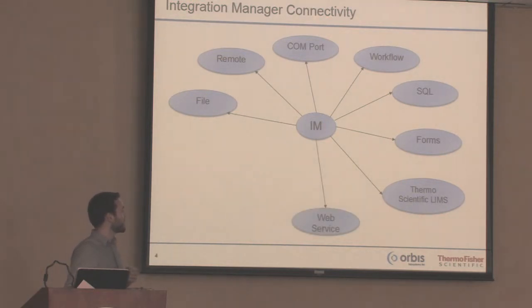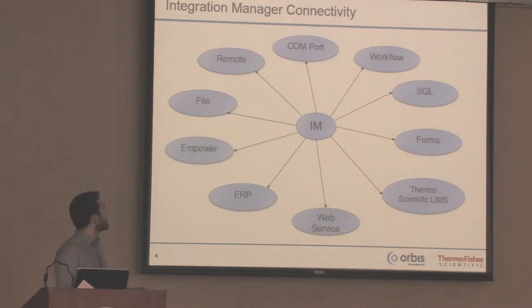Web service agents for connecting with web services. An ERP agent for connecting to SAP R3, and that's certified by SAP for integration. And finally, we have the Empower agent for connection to Empower and transfer of the chromatography data.